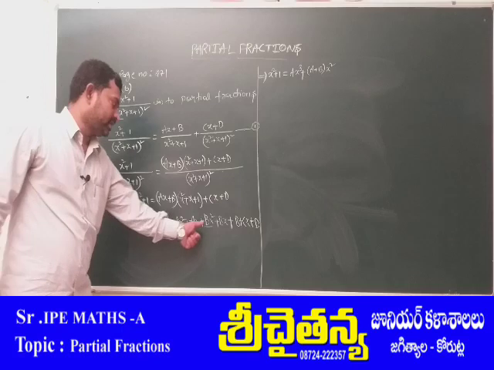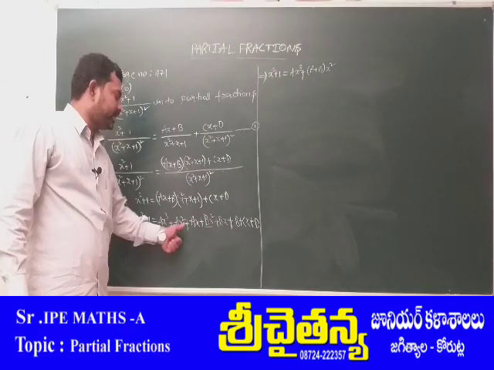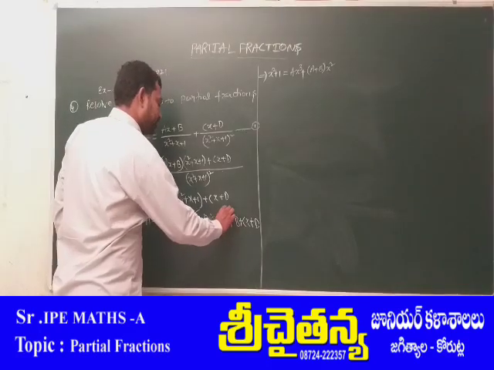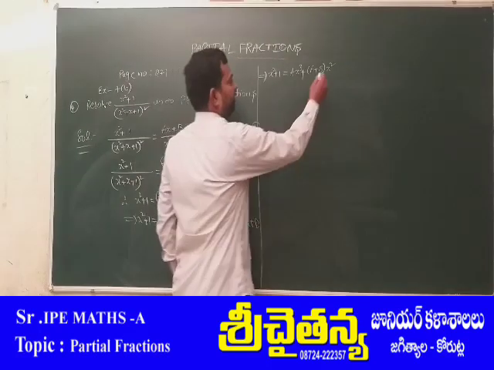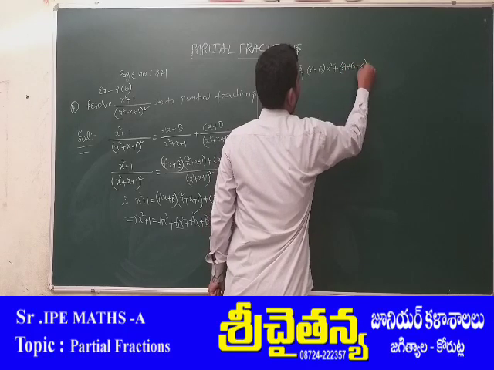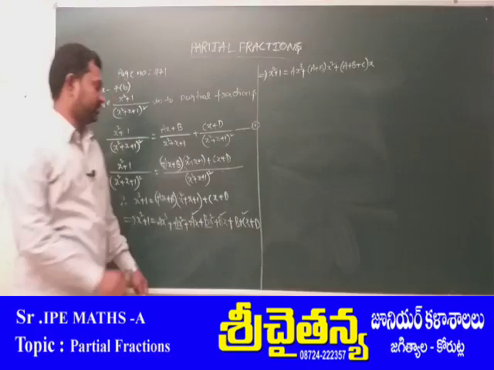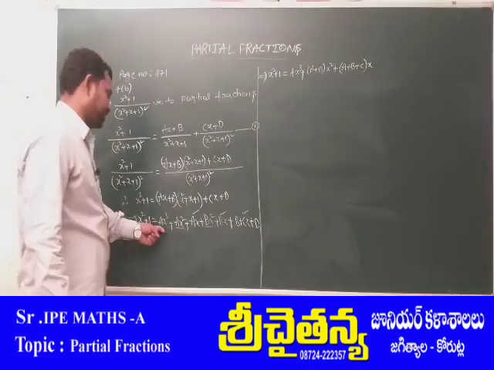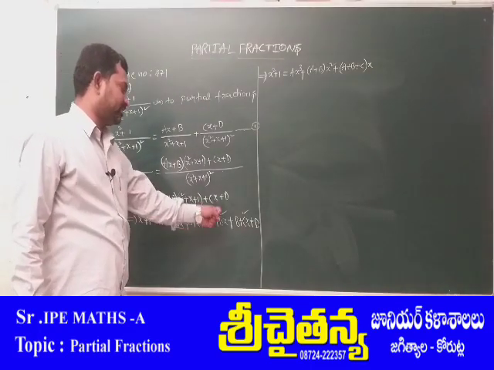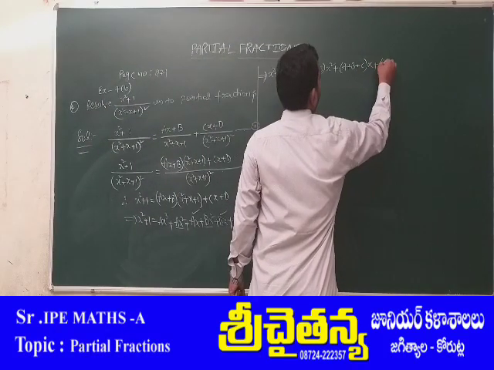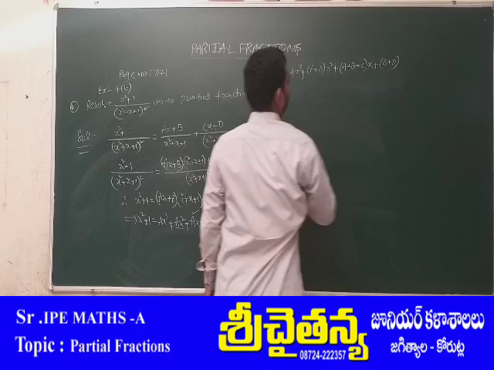Because x square will be common, we get a plus b. Next check out the x coefficients: ax plus bx plus cx. That means if x goes common, we get a plus b plus c into x. Next check out the constant terms. Only one is there. Just check out here: ax cube, ax square, ax, bx square, bx, b plus d.